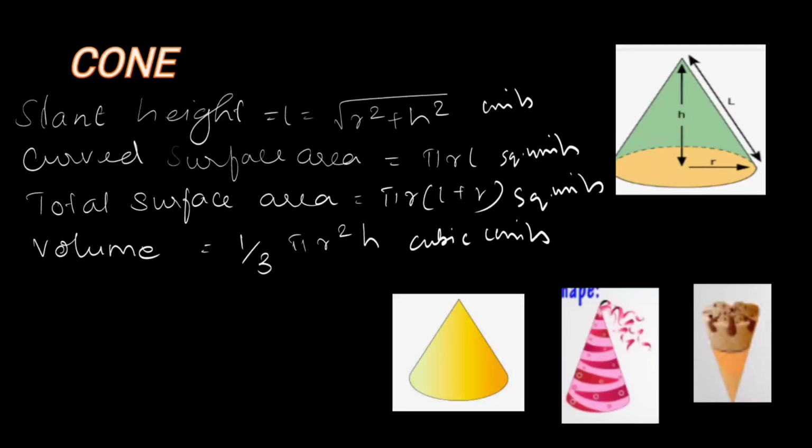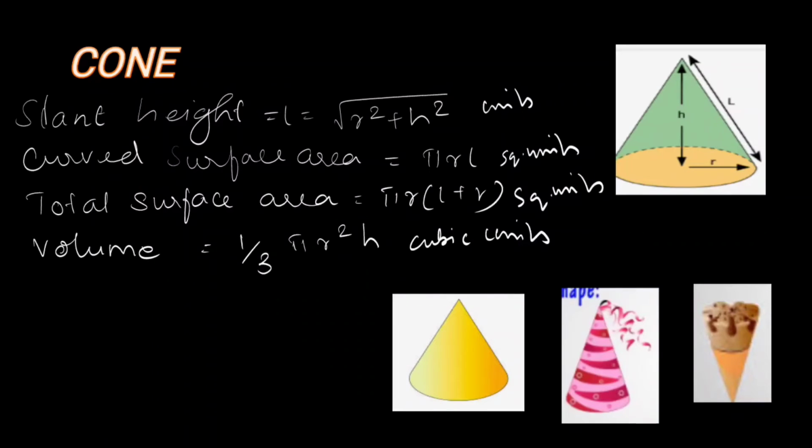Next, volume. Volume is nothing but the total space covered by the cone. Imagine an ice cream: the total amount of ice cream that can be put into that cone is the volume of the cone, so 1 by 3 pi r square into h.